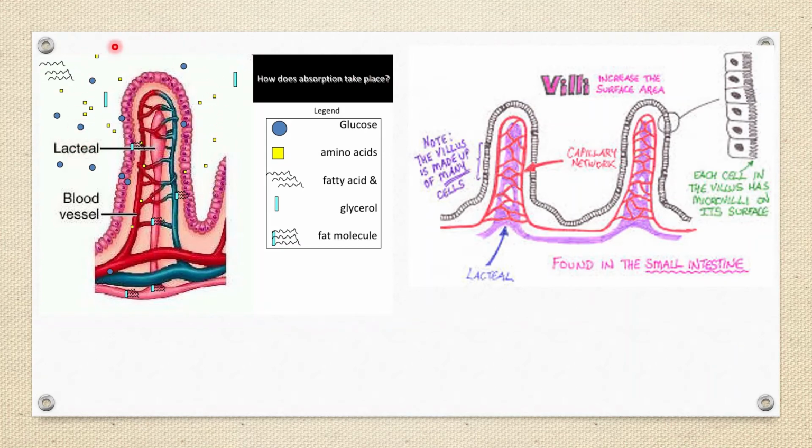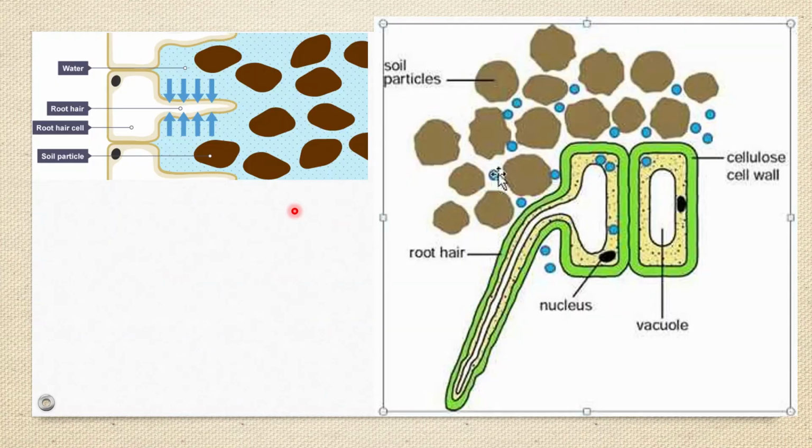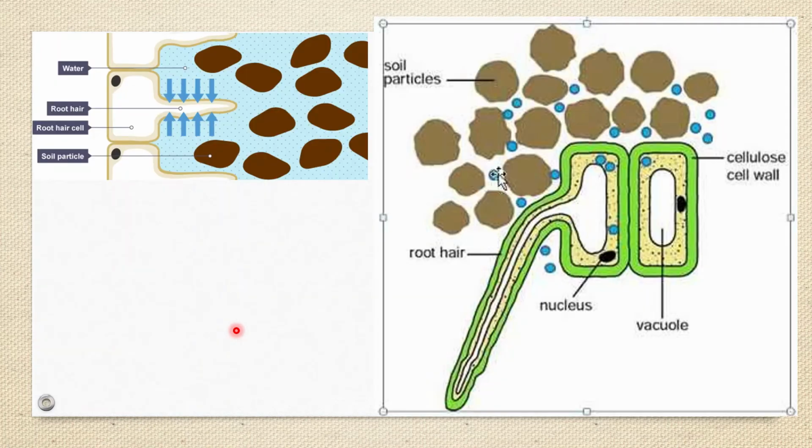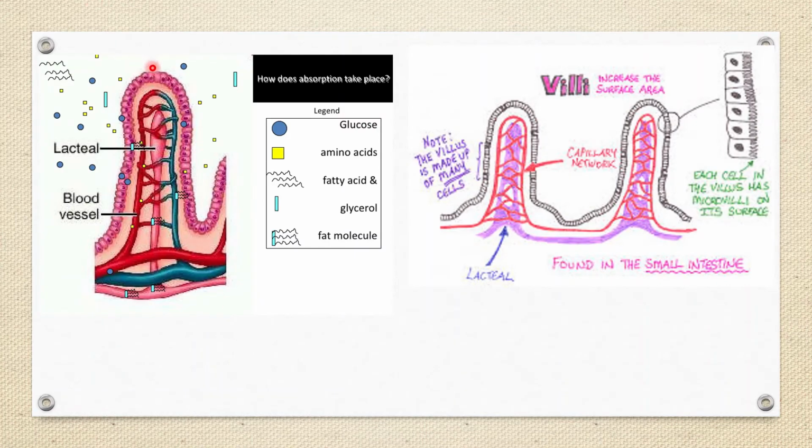So can you imagine that? The lumen has got a lot of these nutrients, the digested food particles. So in their simplest form: glucose, amino acids, fatty acids, glycerol, fat molecules. So the absorption of, go back to the slide just now, fructose molecules from the lumen into the epithelial cells and into the blood capillaries.